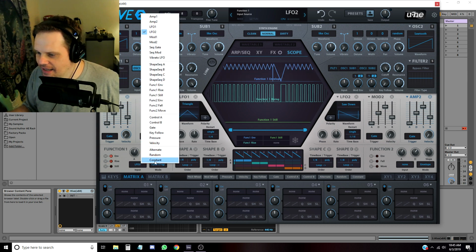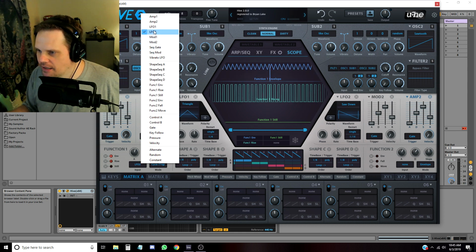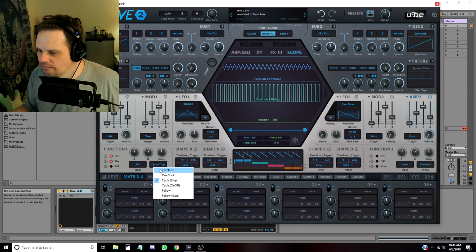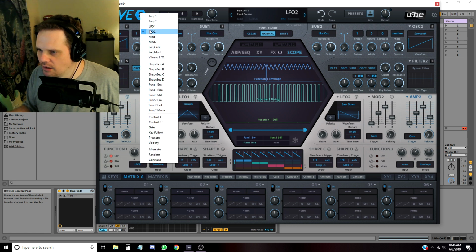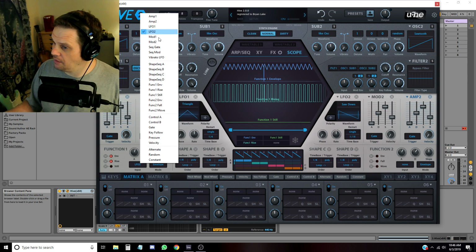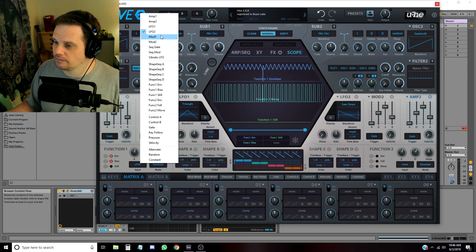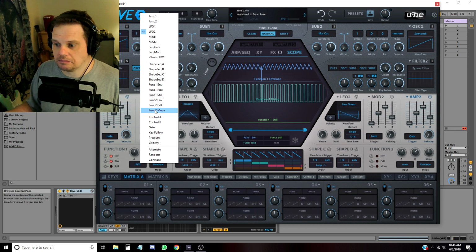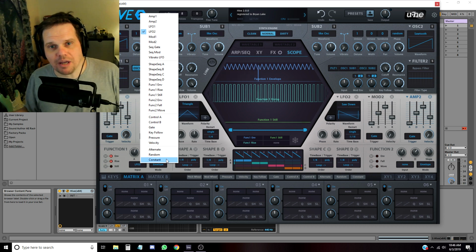Well, that's got to be fixed. I don't see an option for unassign. If I went back to envelope mode, I don't see an unassign option or none. Well, I think I just found something.